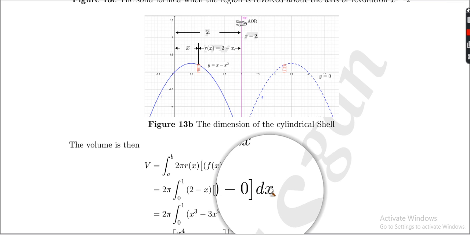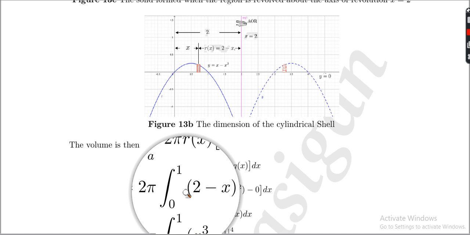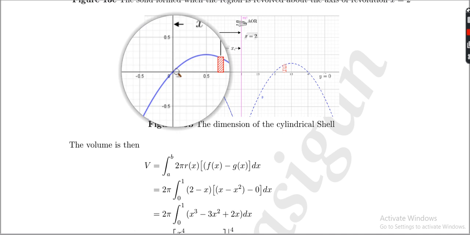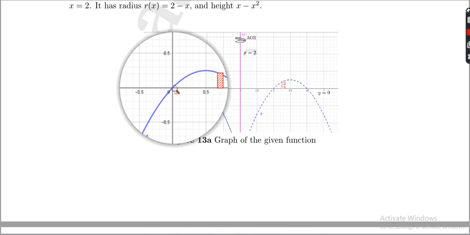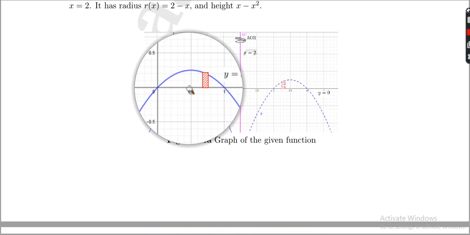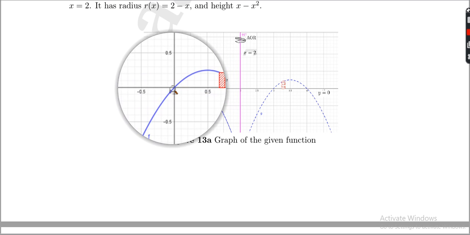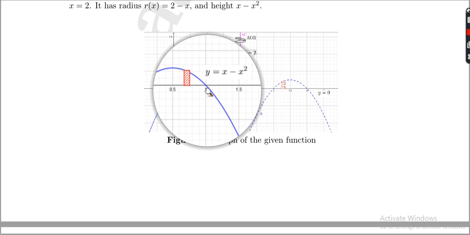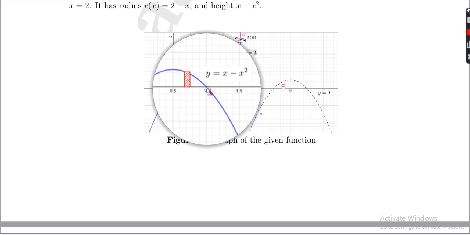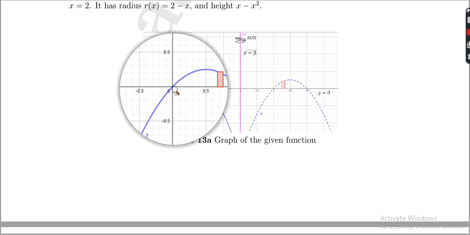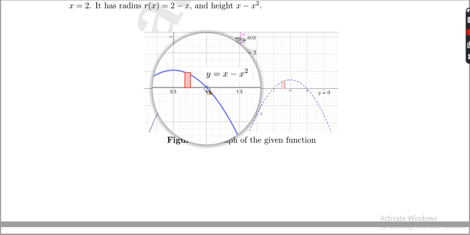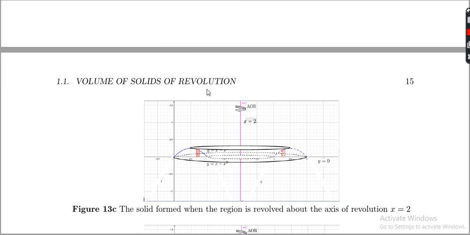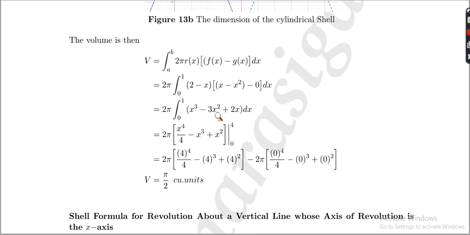The thickness is dx, the variable of integration, and this is evaluated from 0 to 1. From our graph, the region has its left boundary at x equals 0, or the y-axis, up to the point at x equals 1. So the lower limit is 0 and the upper limit is 1.